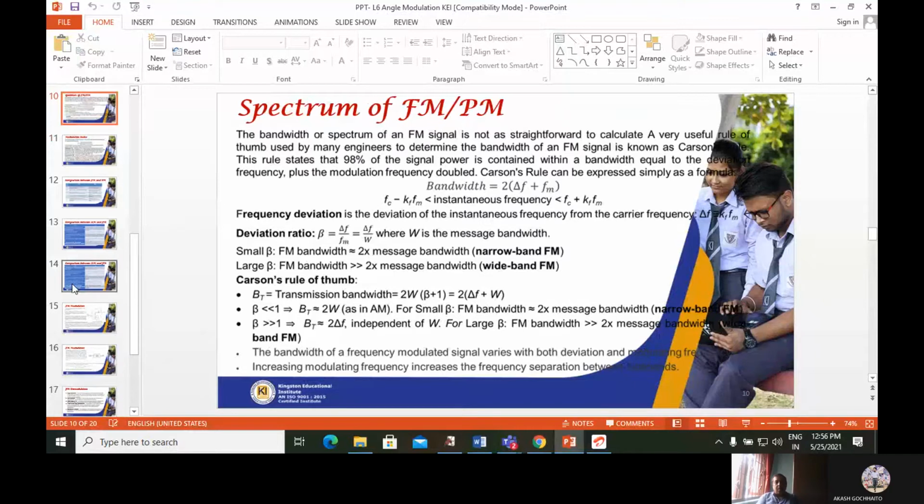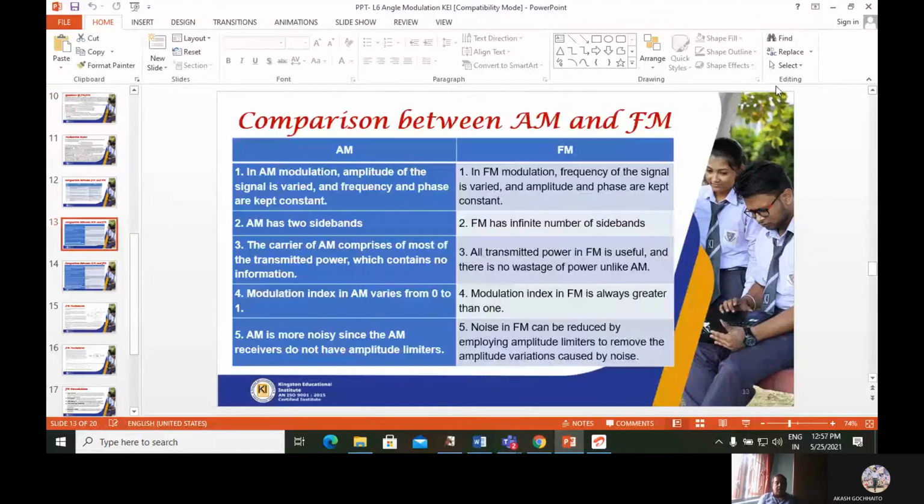Now, see, I have already explained two types of modulation. One is amplitude modulation, where the modulated signal amplitude depends on the amplitude of your message signal, with the frequency of the carrier signal.